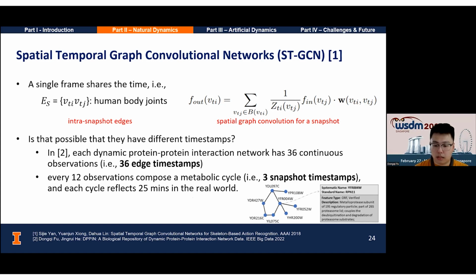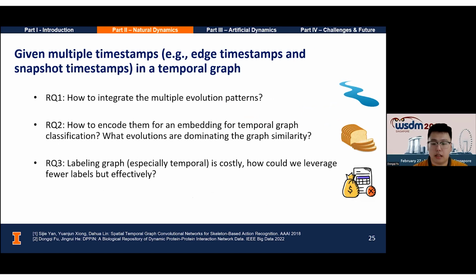Which also means in one single snapshot, 12 edge time steps exist. Given multiple time steps coexist in a temporal graph, how can we still achieve temporal graph classification based on graph neural networks?